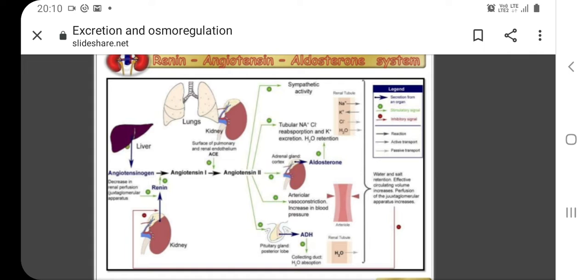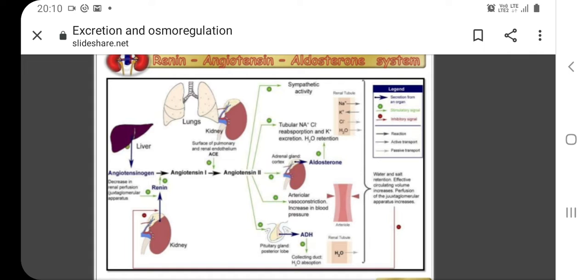ANP affects the salt release, and because water passively follows the salt to maintain the osmotic balance, we can say that ANP has a diuretic effect, that is, it does not help to conserve water.